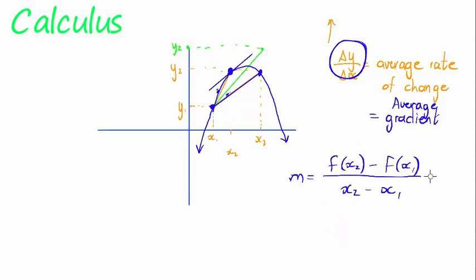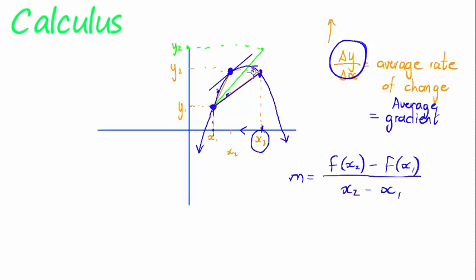But now I don't have 2 points. Okay, so what we do is we say, let's assume we do have 2 points, but they're equal. So this is how we're going to do it. Here's my 2 points, but the second point is going to be movable. I can move x2, and I'm going to move him closer and closer towards x1.